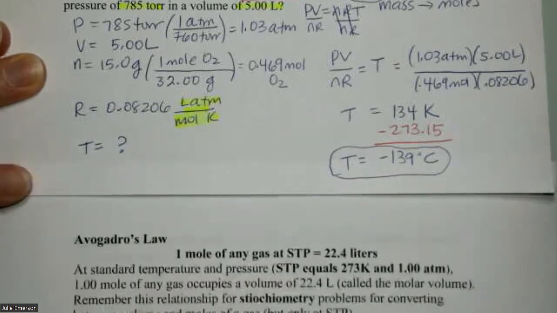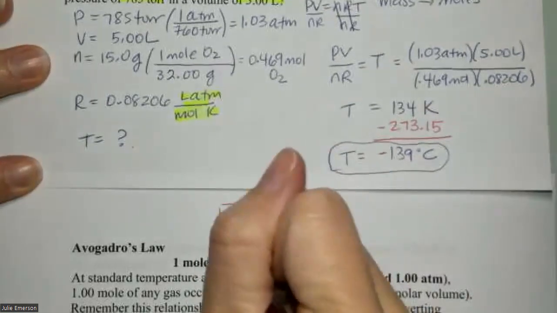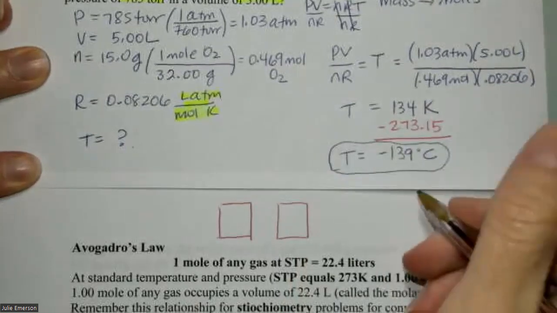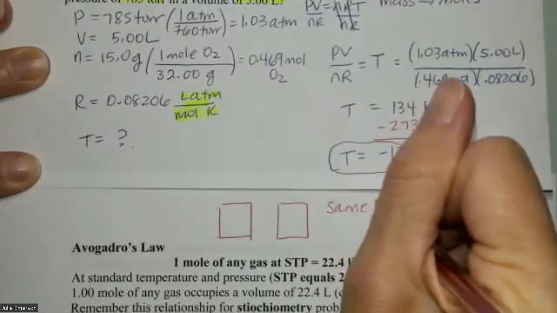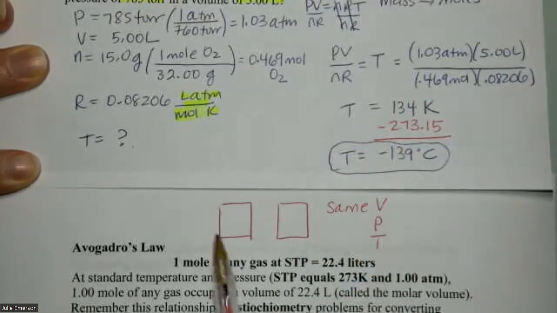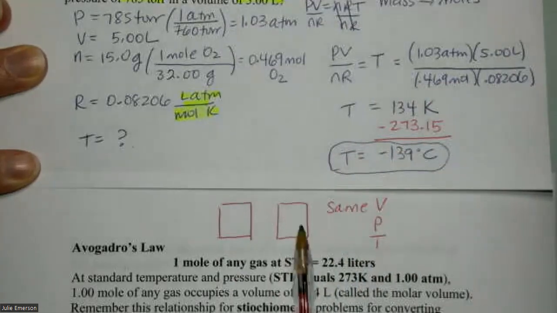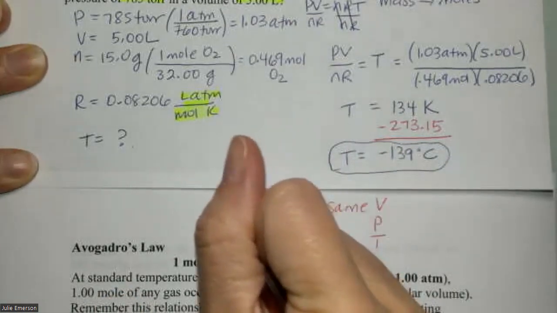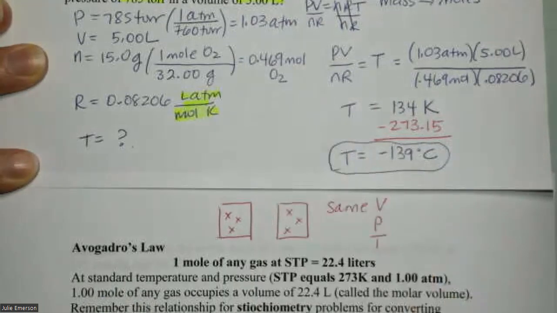He said that if I have a container of gas and another container of gas, and the 2 containers have the same volume, same pressure, same temperature, like on the same shelf in the lab room, there should be exactly the same number of molecules inside both of those samples.